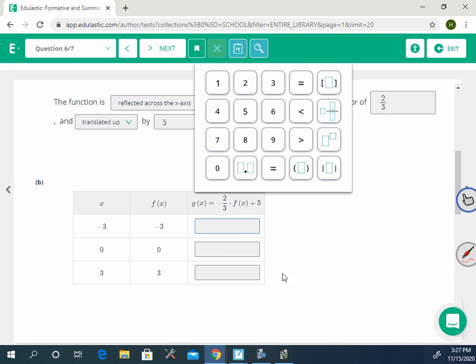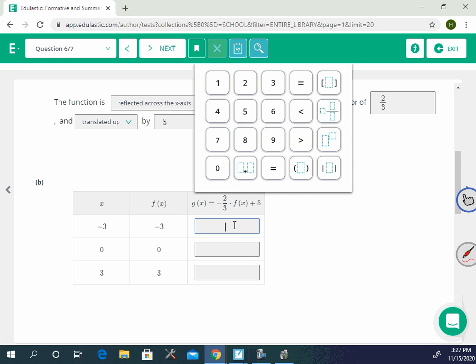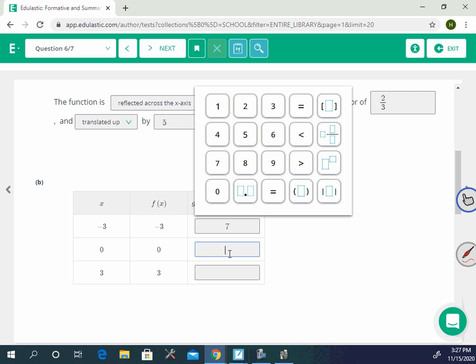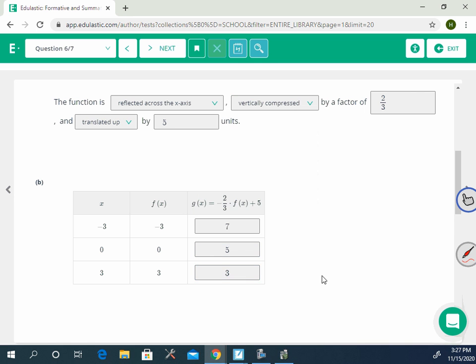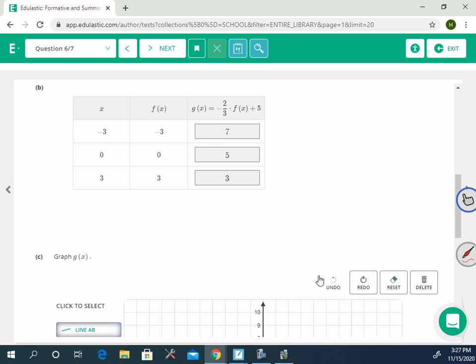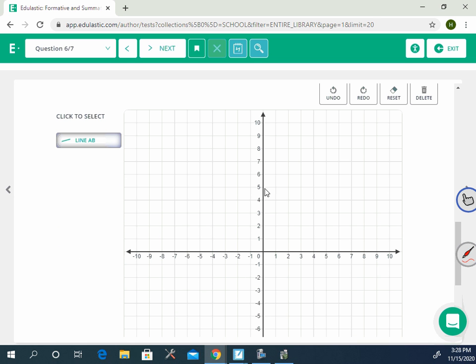So now you should be able to fill in these coordinates here. So this is just the g coordinate that went with negative 3, which was 7. So we got 7, 5, 3 here. And then we're trying to graph it. So (0, 5) and (3, 3) are the couple that I'm going to look at here. (0, 5), and then this one I want to have at (3, 3).